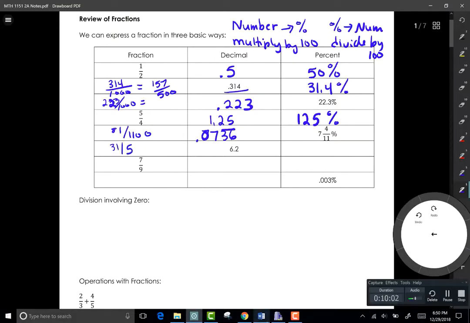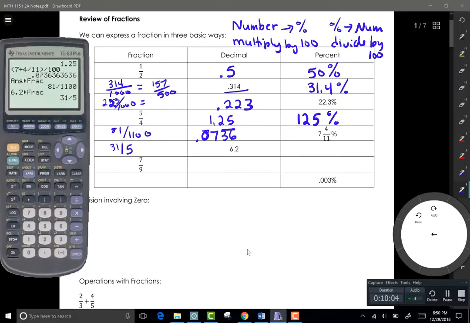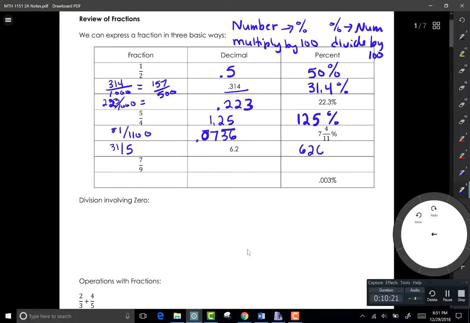And then to put it in percent form, if we're in number form and we want to go to percent form, we want to multiply by 100. So I'm going to take 6.2 or 31 divided by 5, either one, you'll get the same answer, and I'm going to multiply by 100. That's going to give me 620%. Remember that percent sign.